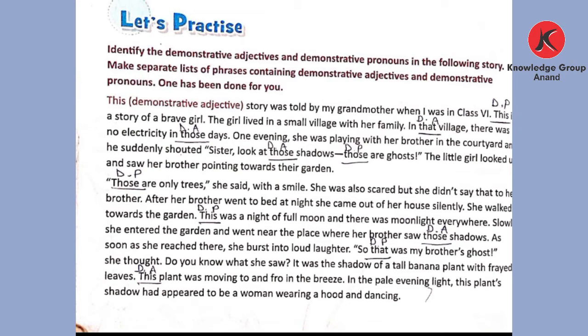One evening she was playing with her brother in the courtyard and he suddenly shouted, "Sister, look at those shadows." Which shadows? Those shadows. We learned that a demonstrative adjective is always followed by a noun and it describes which.